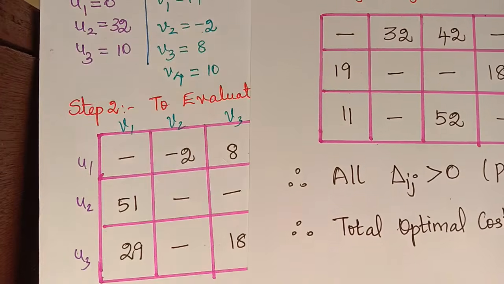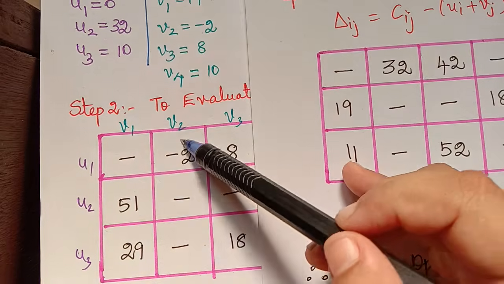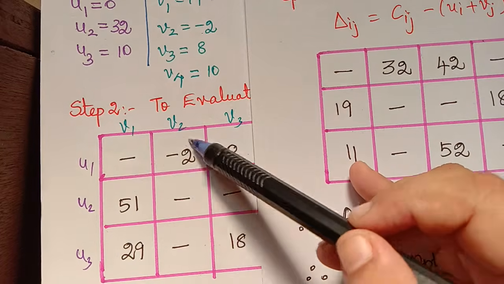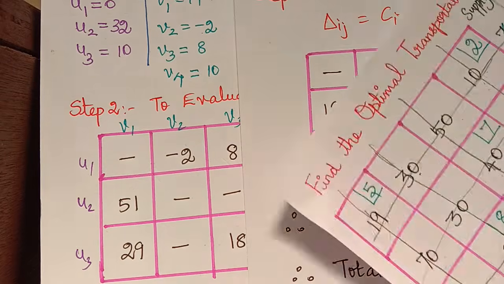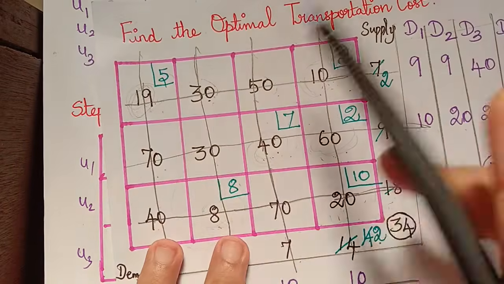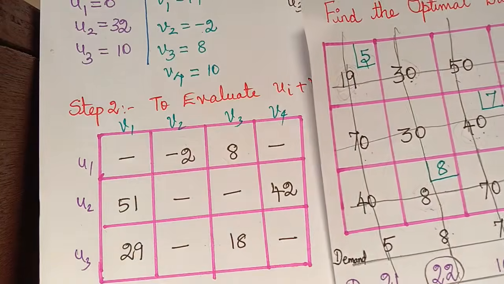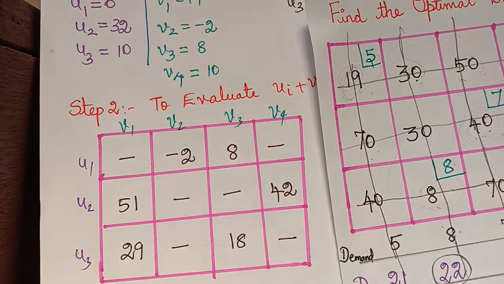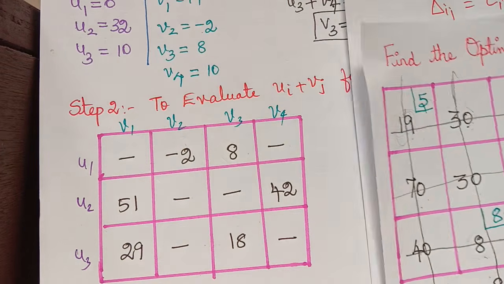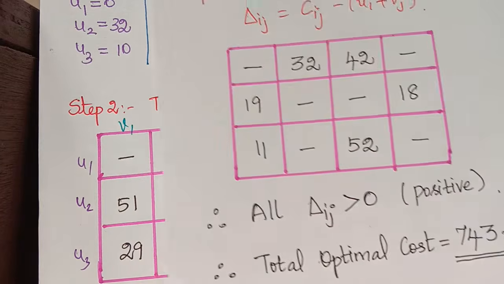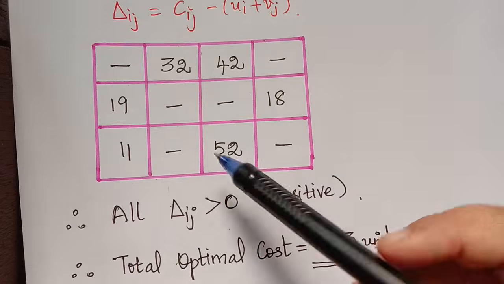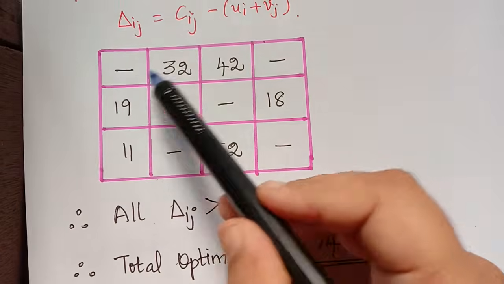For example, cij, the original cell value, is 30. So 30 minus of minus 2 will be plus 2. So 30 plus 2 is 32. Like that we have evaluated all the del ij, and we observed that all the del ij's are positive. There is no negative value.